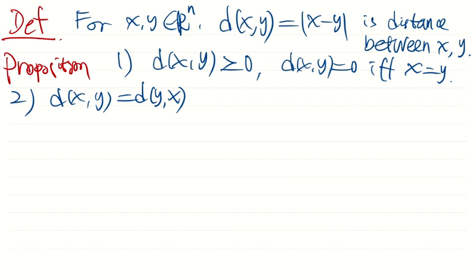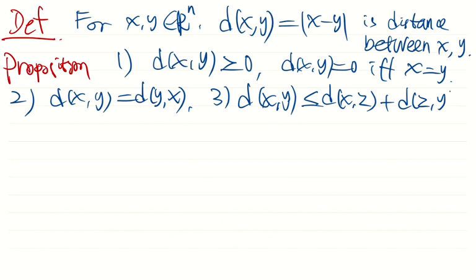And thirdly, d(x,y) is not greater than d(x,z) for a third point z, plus d(z,y). So because of these three properties, the distance we defined is consistent with our common sense for distance in real life. So it is justified to call this the distance between x and y.